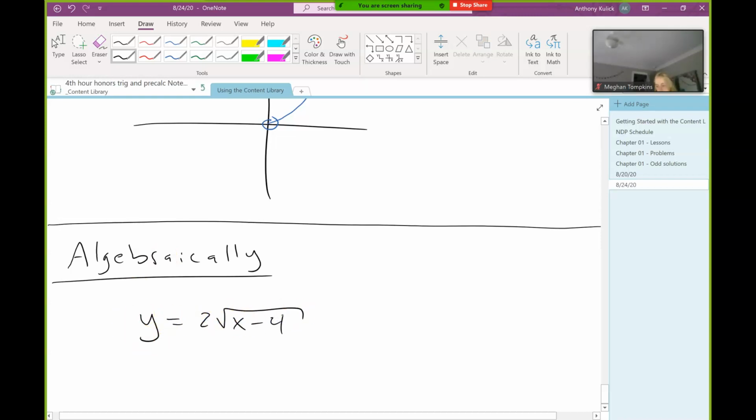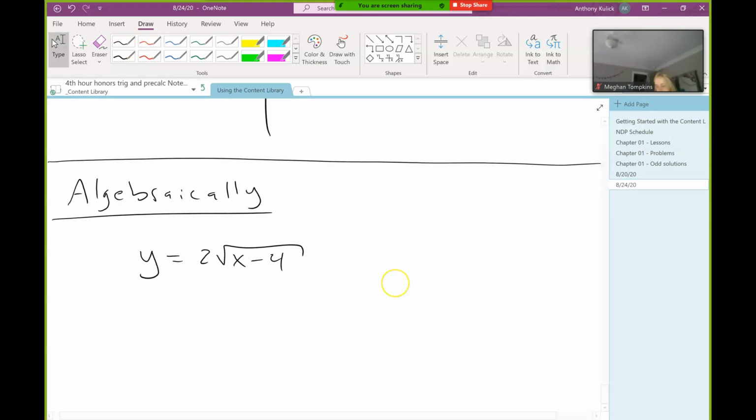We're going to basically do the same procedure we would do to find the inverse. So if I wanted to find the inverse for this function, what would I do first?